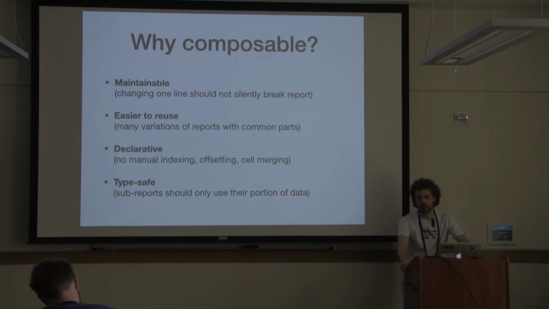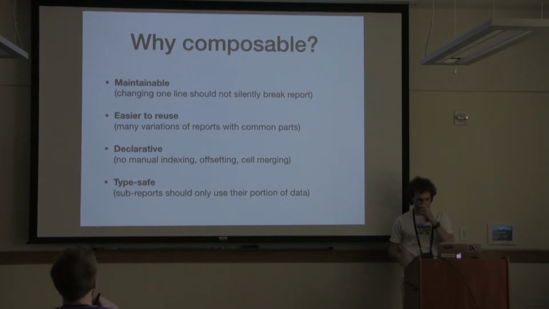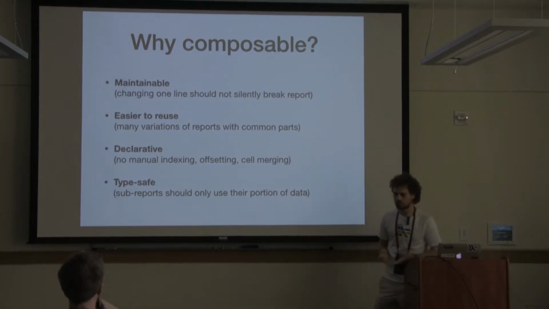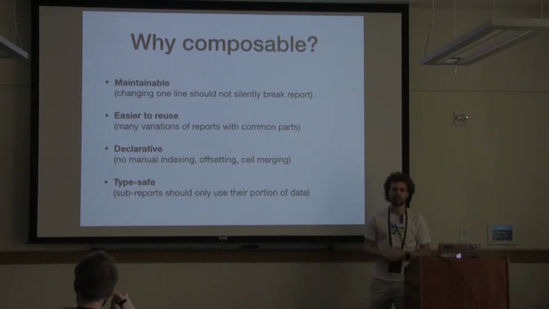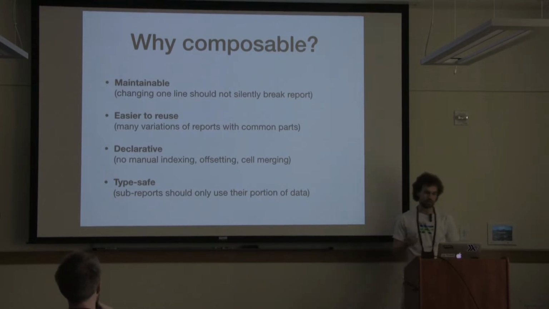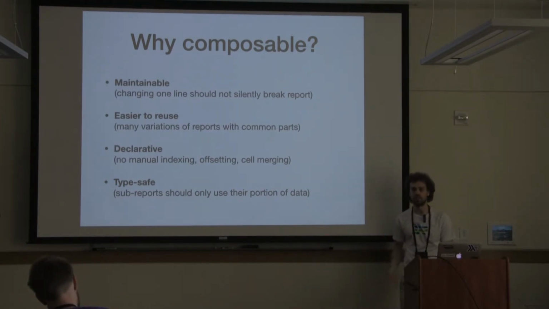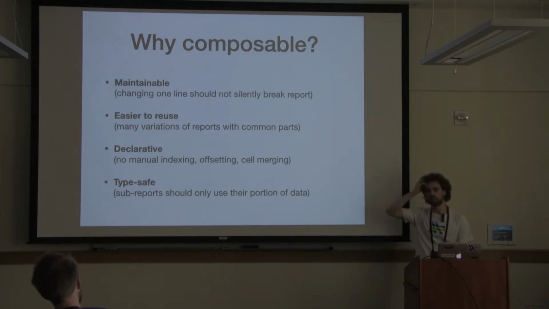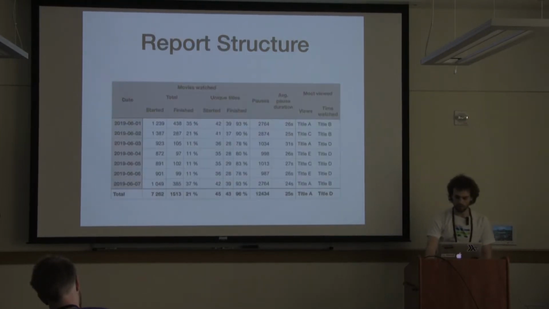But we also had several types of reports that had very common parts, so we wanted to reuse those as well. Obviously we wanted to do this declaratively without any explicit indexing, and ideally we would also like to have some extra type safety if possible, and we'll see an example of that with subreports.